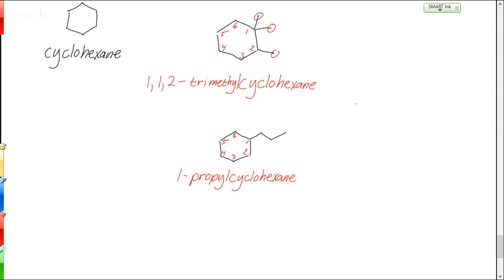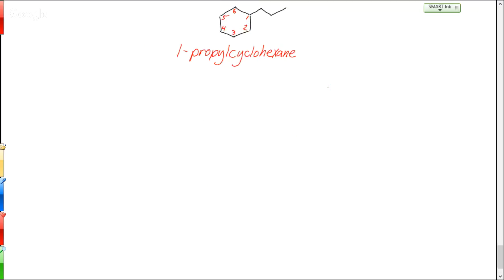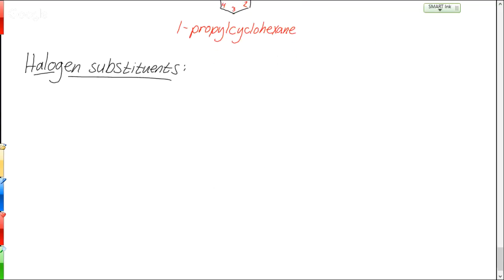All right, last thing, one more type of substituent, which is very common in these types of molecules, is halogens. Halogens can also be substituents, and they have their own names. So you've got fluorine, chlorine, bromine, and iodine.